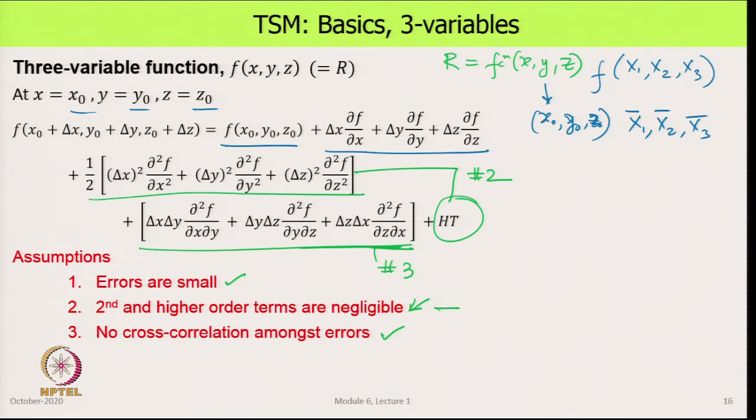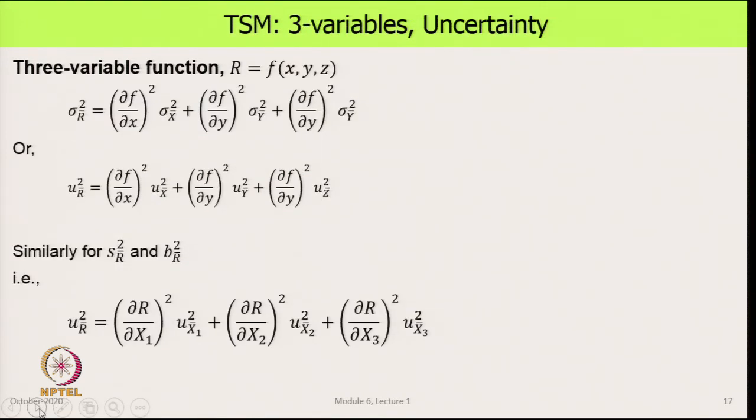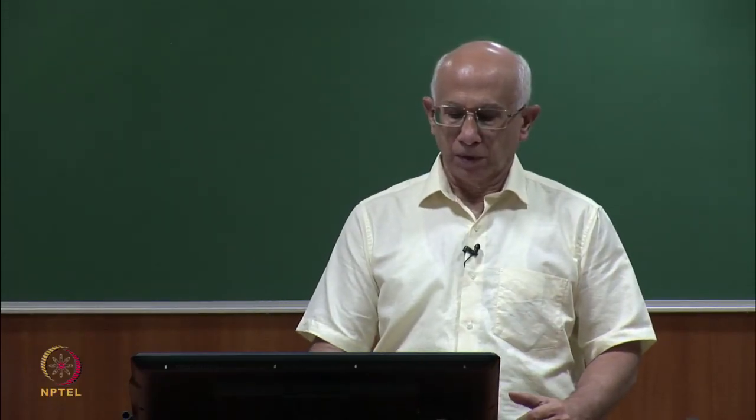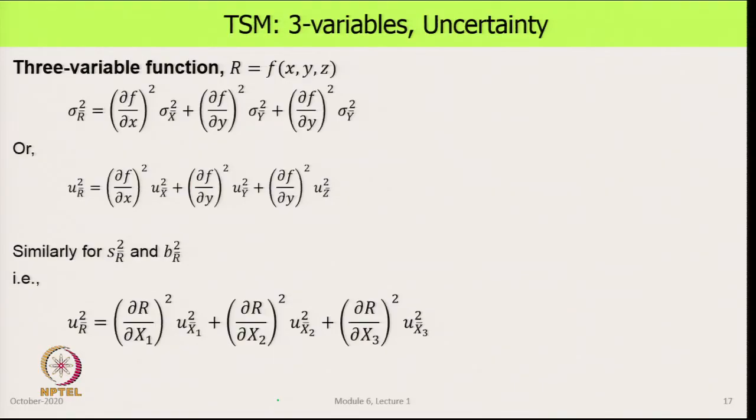So, again we are restricting ourselves that there are no cross correlations amongst the errors or the measurements. And then you go through the same statistics on it, you will get this expression.